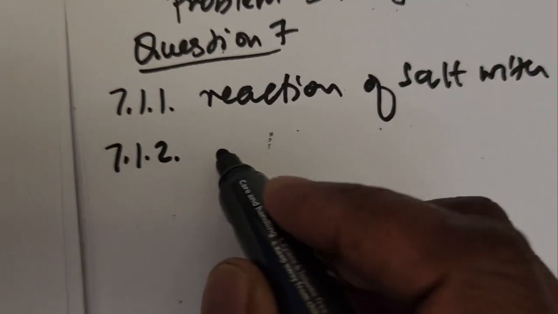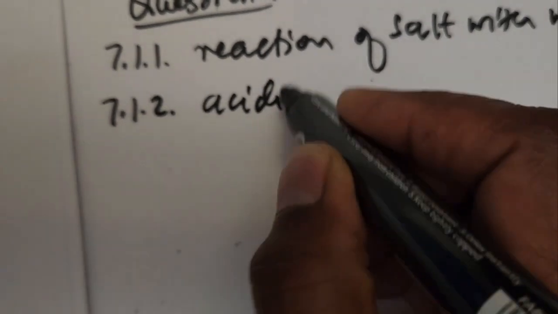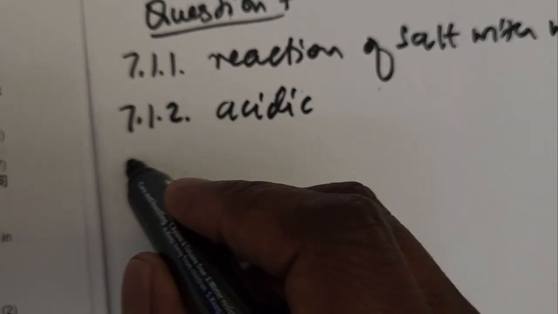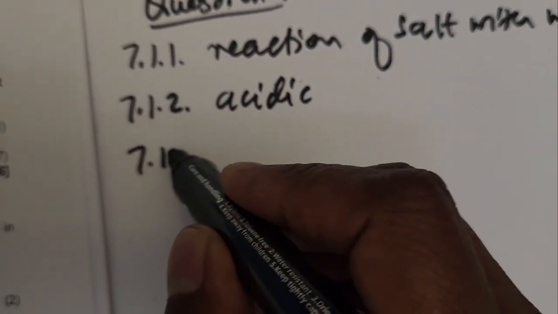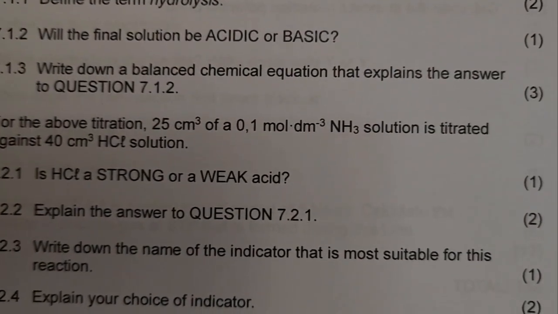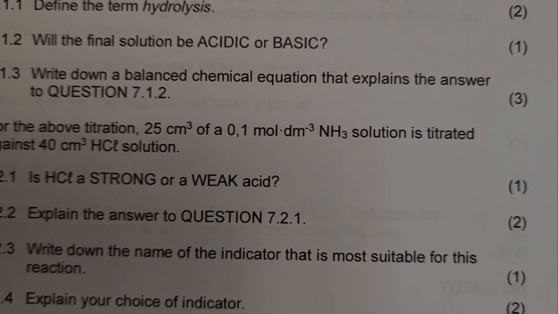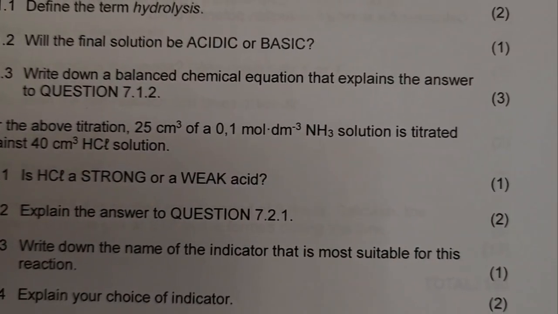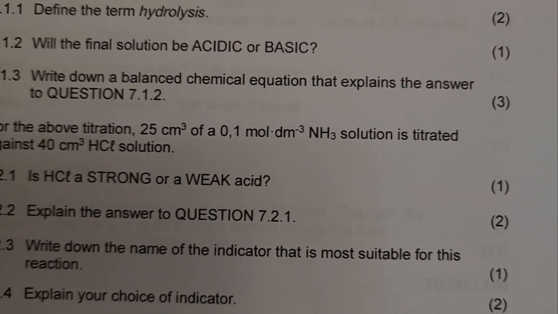So we'll write acidic, fine. Then 7.1.3, they say write down a balanced chemical equation that explains the answer to question 7.1.2.